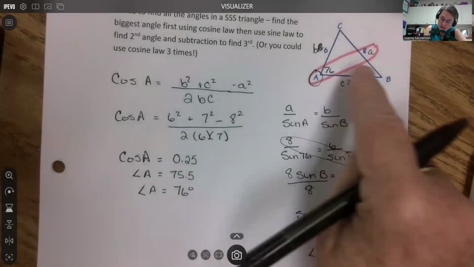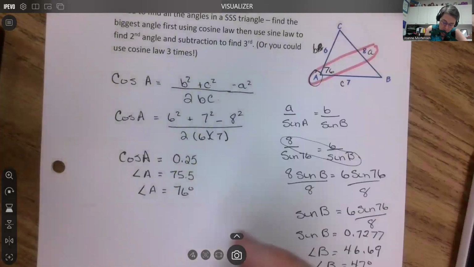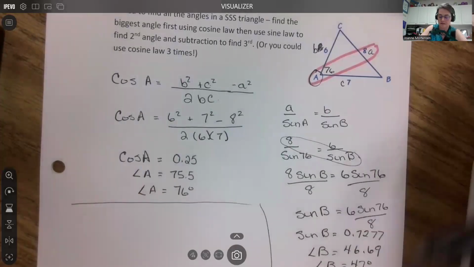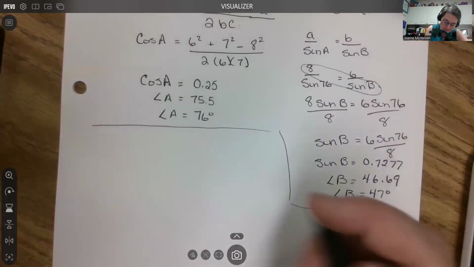So we're going to do side C now, find angle C. Move that up.